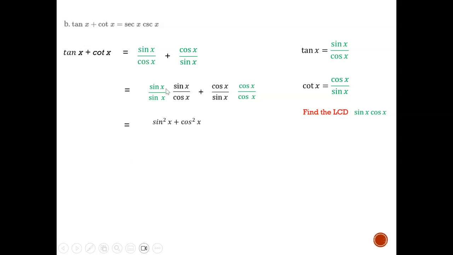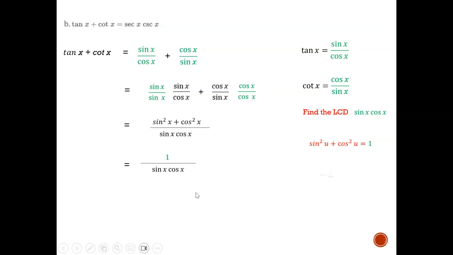On top, we have sine squared x plus cosine squared x over sine x cosine x. From the Pythagorean identities, sine squared x plus cosine squared x equals 1. So that means it's going to be 1 over sine x cosine x.